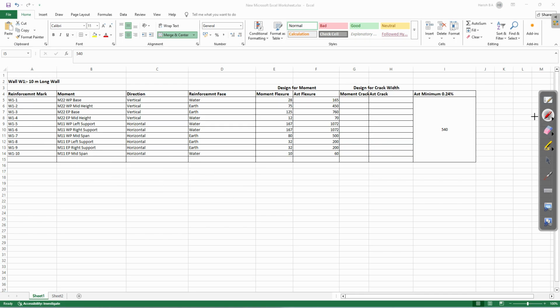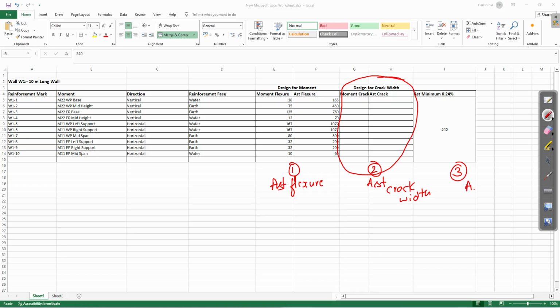So in the next session, we will see crack width design. Here for any wall there may be three types of reinforcement: 1, 2, 3. One is for AST flexure. Second is for AST crack width.